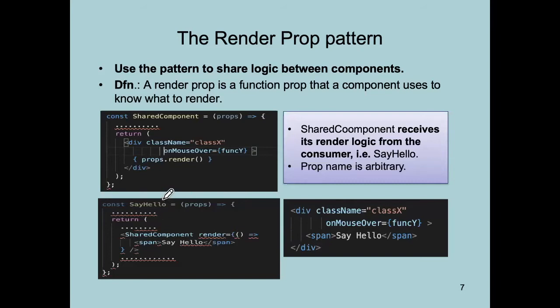The name of the prop, we've called it render. That's just a convention, right? You can call it anything you want to. I think in the lab, actually, I don't call it render. I call it something else. So render is just a conventional name. It's the purpose of the prop that makes it part of this render props pattern.